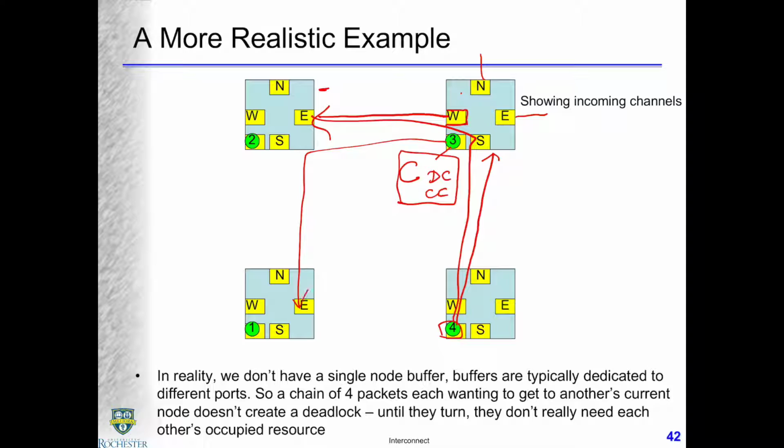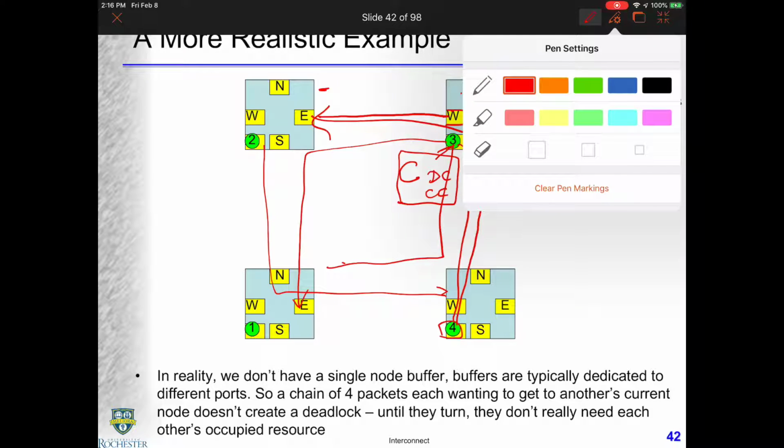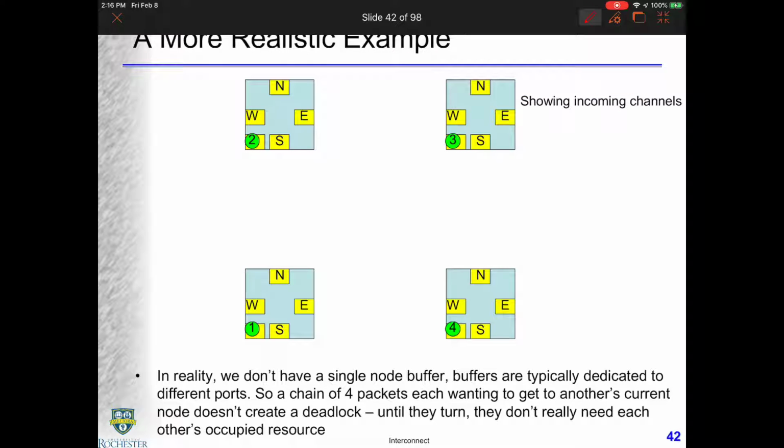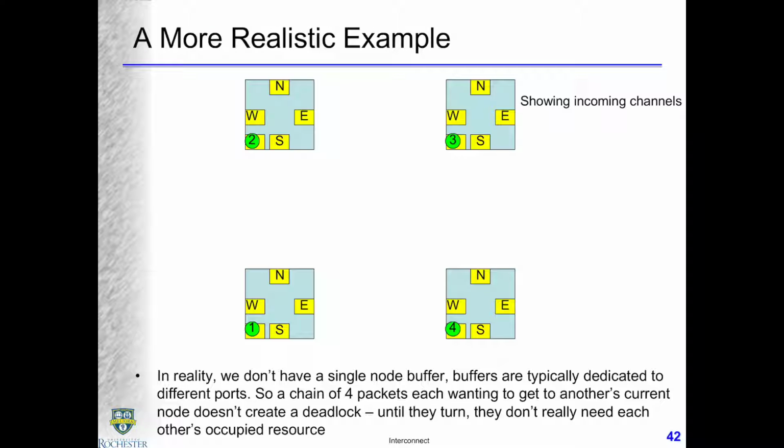3 wants to get here. 2 wants to get there. And 1 wants to go there. Is that messy enough? So let me clean this up. Suppose that's the case, and now let's follow the cartoon to see what happens. In the first cycle, they get generated and get stored at exactly the same cycle.